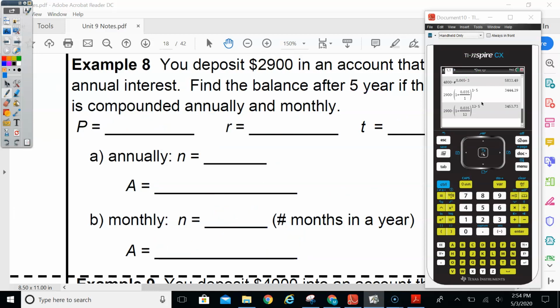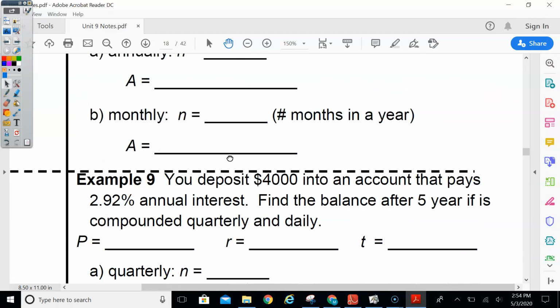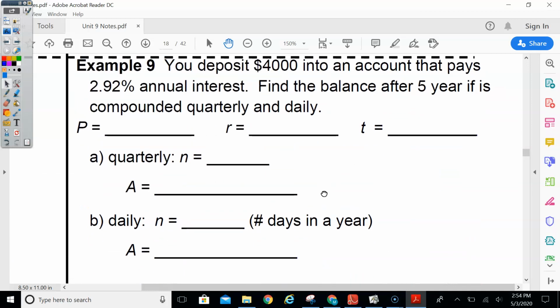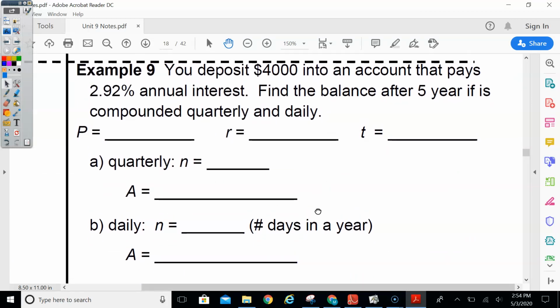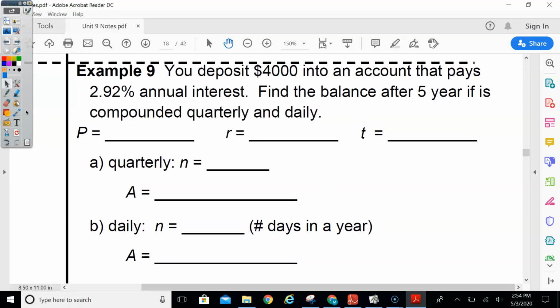Alright, and then we have a similar one with quarterly and daily. So again, you deposit 4,000, so 4,000 is our starting amount.